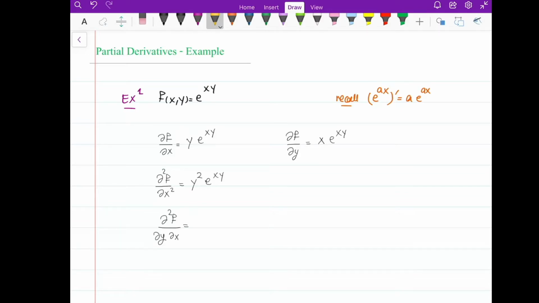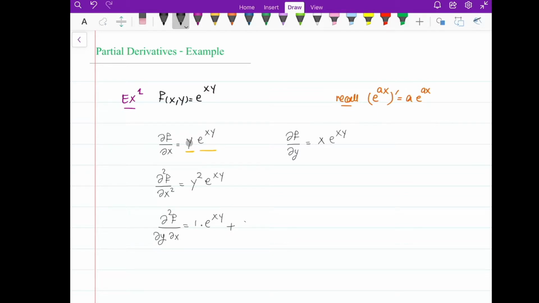This is the partial derivative with respect to x, and I'm going to take the derivative with respect to y. With respect to y, I have two functions: this function in here, product with another function, so I need to use the product rule. It would be the derivative of the first one with respect to y, which is 1, times the second one, plus the derivative of the second one with respect to y times the first one.